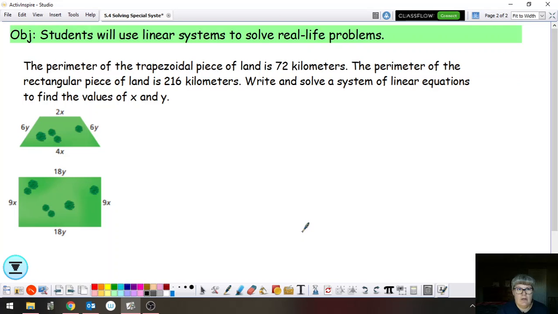Let's take a look at our second example. The perimeter, keep in mind perimeter is distance around, of the trapezoidal piece of land is 72 kilometers.